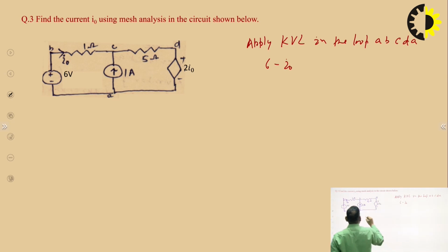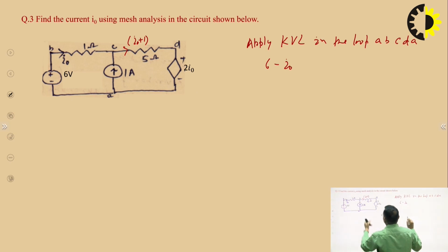And at C, 1 ampere current is approaching and I0 is also approaching, so the current through this branch is I0 plus 1. From C to D it is I0 plus 1.